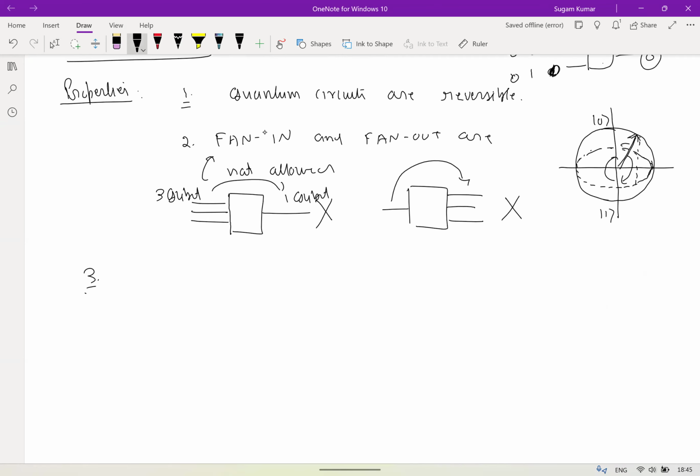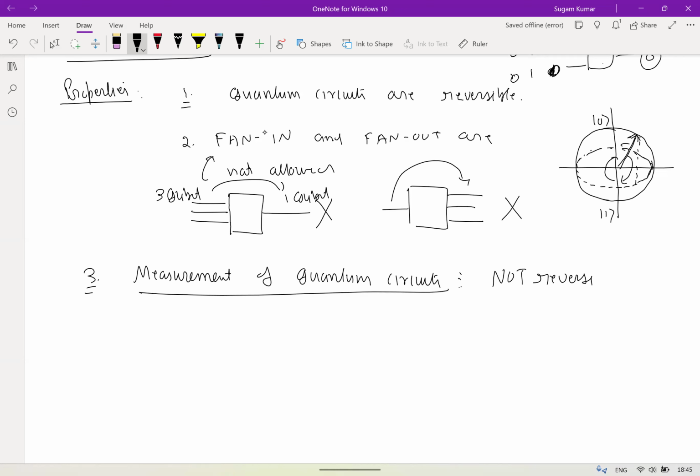Another very important point is about measurements of a quantum circuit. Measurement is not going to be reversible.